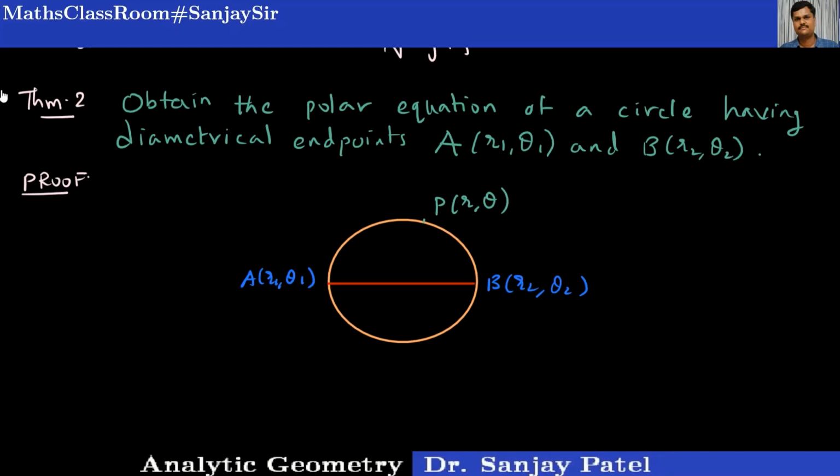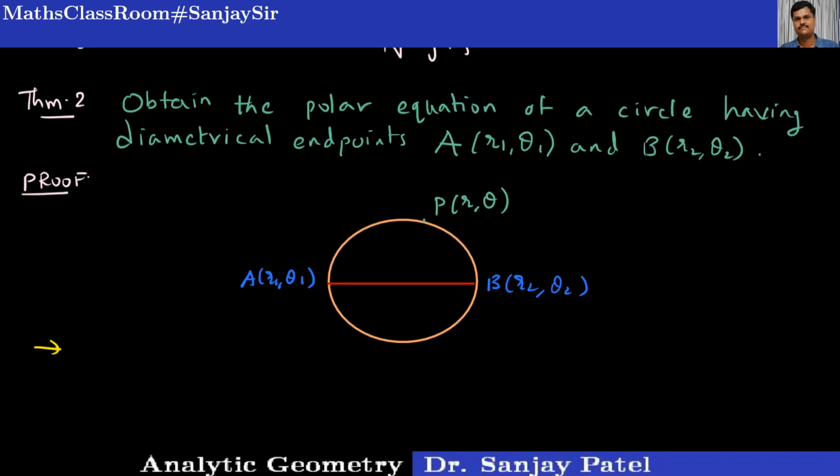You know very well that in the Cartesian coordinates, the equation of a circle with diametrical endpoints (x1, y1) and (x2, y2) is (x minus x1)(x minus x2) plus (y minus y1)(y minus y2) is equal to 0. So why not use that? So it is very easy.